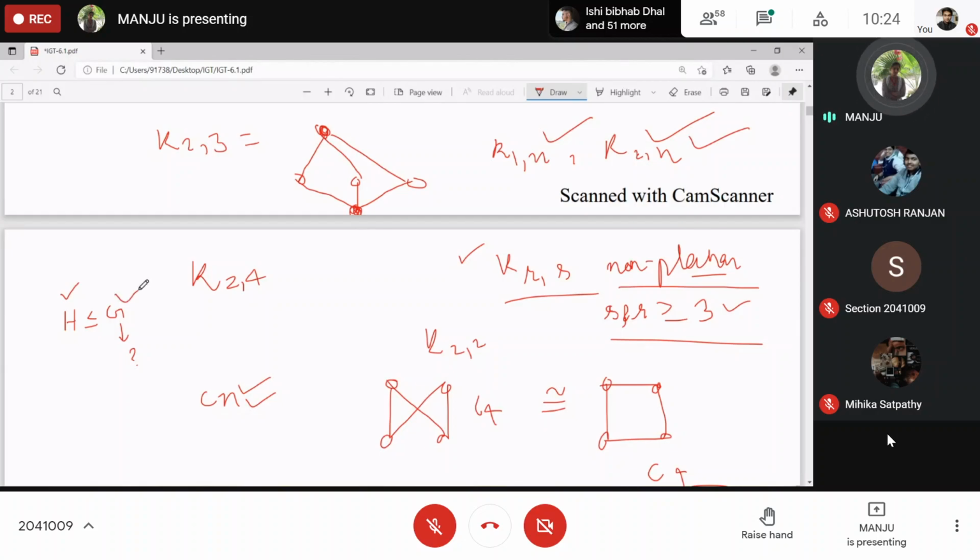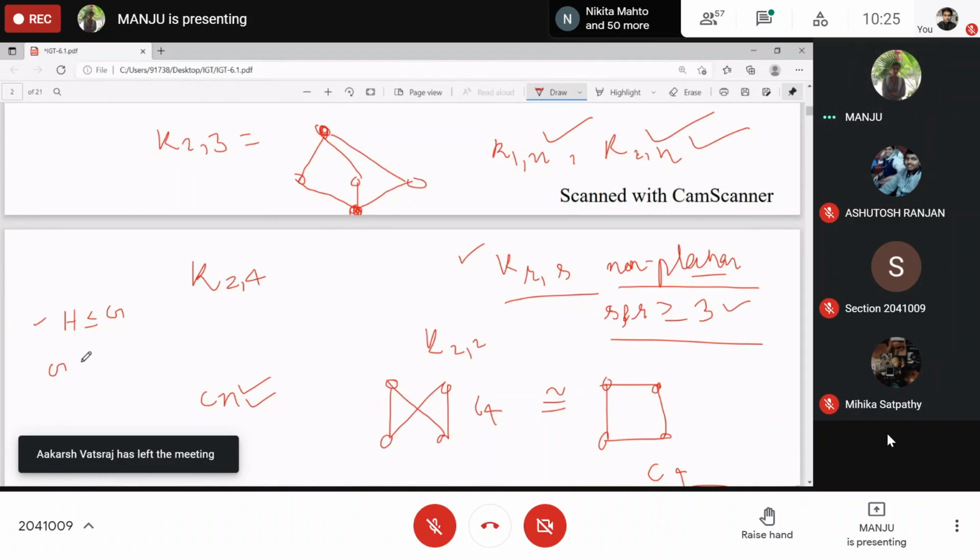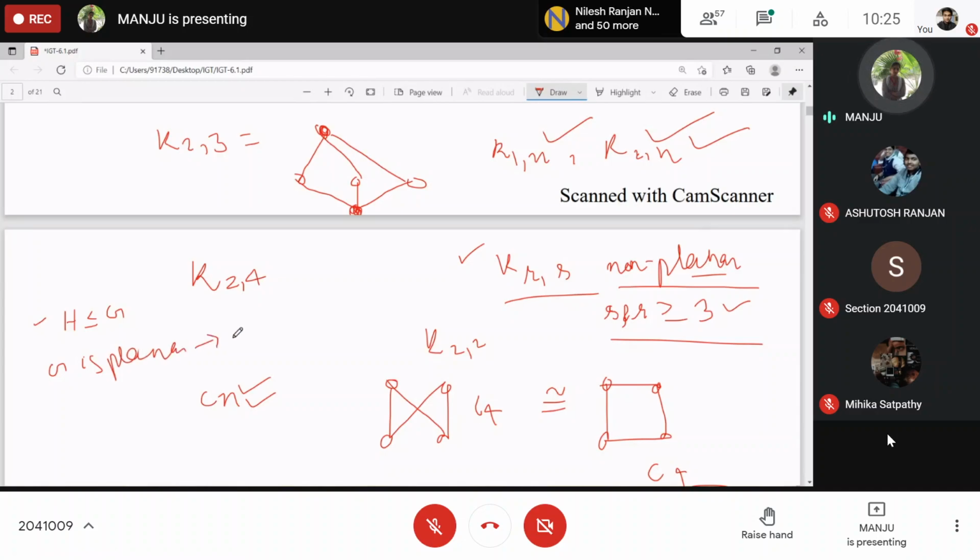If G is planar, then H will always be planar, because the bigger part can be drawn as a plane graph, so the small part is okay. If H is a subgraph of G, and G is planar, then we can say H is planar. Clear?